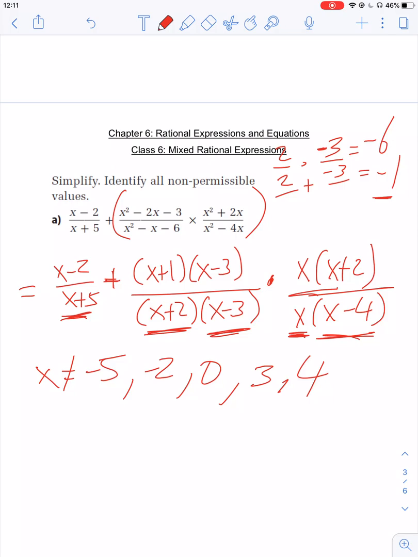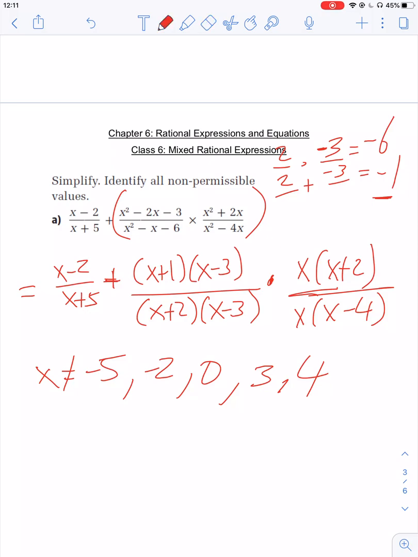Okay, so these are your non-permissible values because they will make your denominator 0. Okay, and again, you can list them from left to right and then arrange them in order, or you could just look at the values and pick and choose them kind of like I did, so that they happen to be in order from the get-go, right?